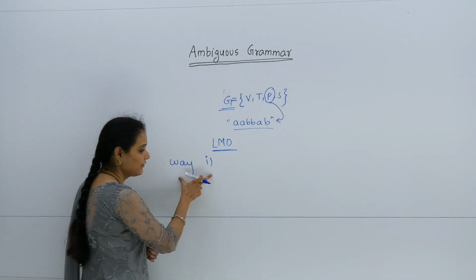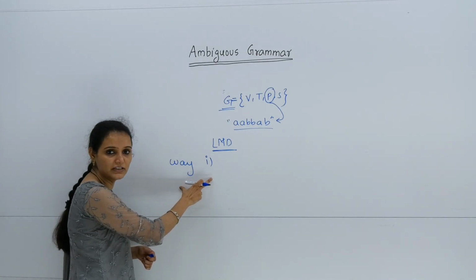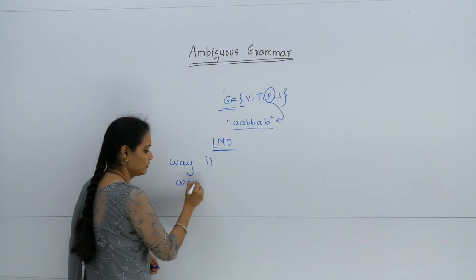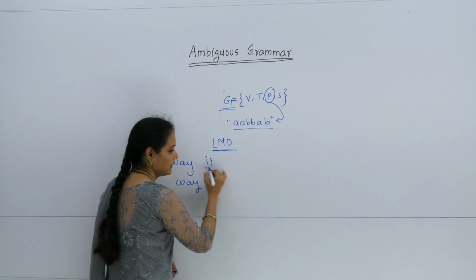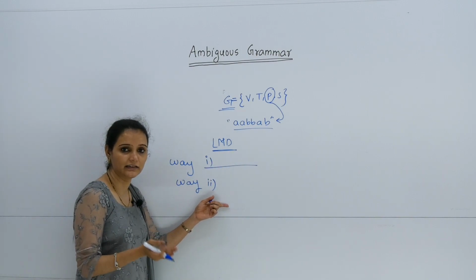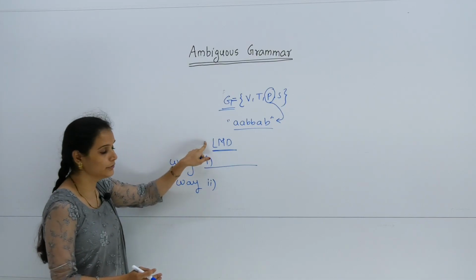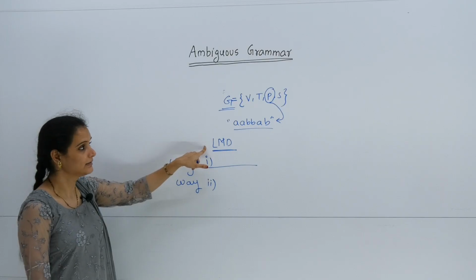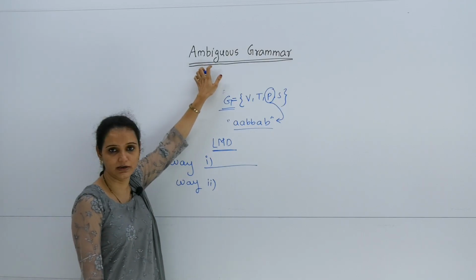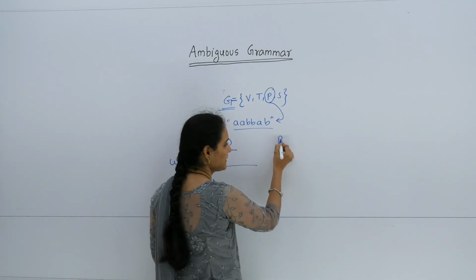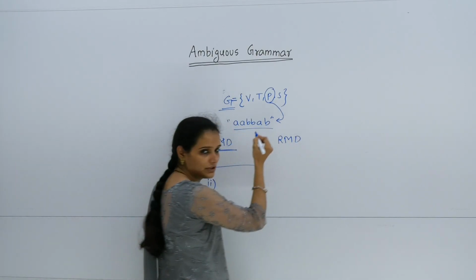After identifying the first way, suppose there is also the possibility that another way is present using the same derivation, that is leftmost derivation. Then that grammar is called an ambiguous grammar. The same is true for the rightmost derivation.